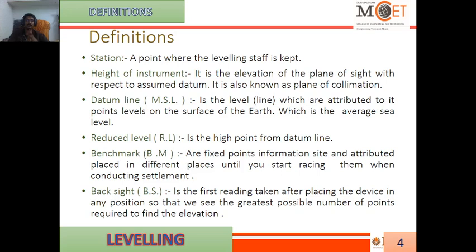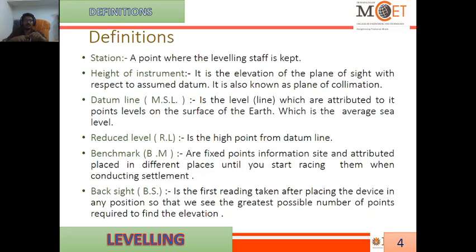We may place an instrument at a particular position such that from that position we may cover many points to determine their elevation. But can we start directly? We require a standard, so we have set the benchmark. From that benchmark only I can get the remaining values.